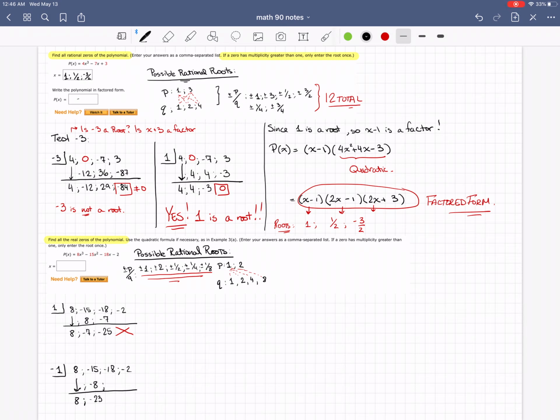See, this one comes closer. -3 times -1 is positive 23. And then -18 plus 23, oh, that's 5. But still no cigar, right? 5 times -1, that's -5. And when you add those together, that's not going to be 0.